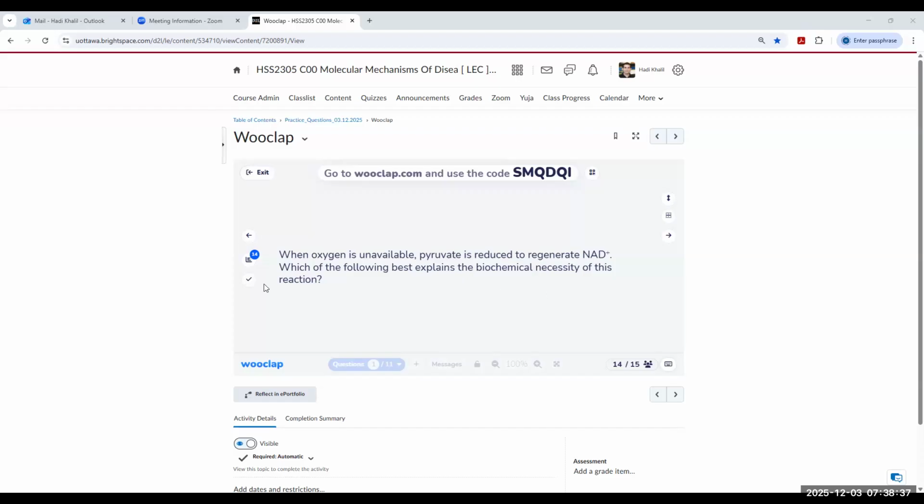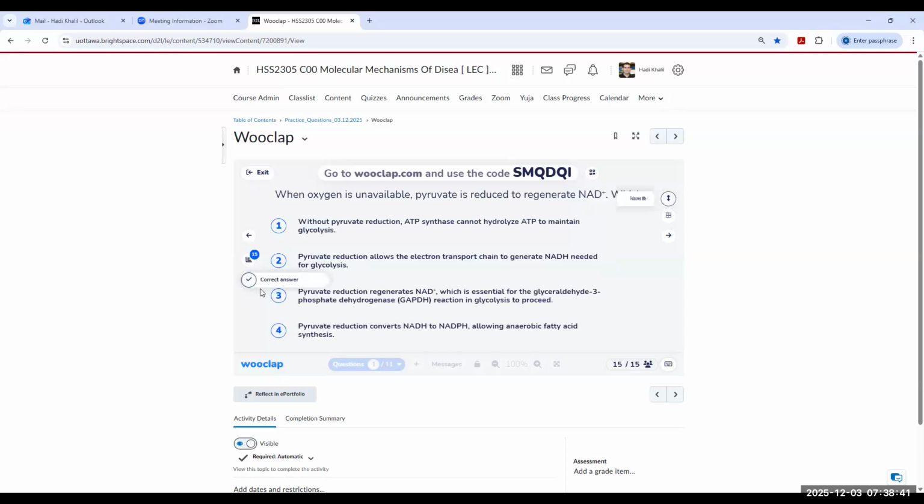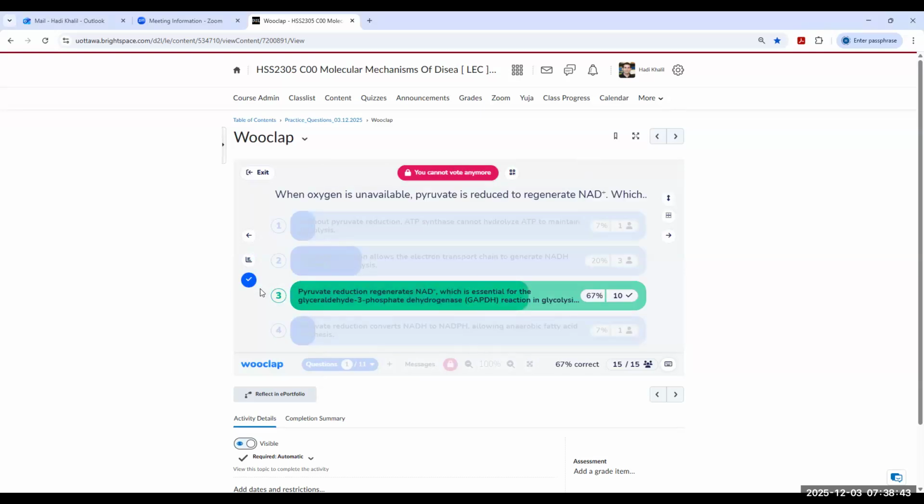Okay, so the correct answer: pyruvate reduction generates NAD plus, which is essential for the glyceraldehyde phosphate dehydrogenase reaction.